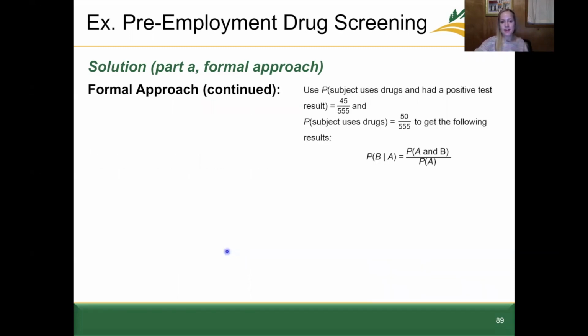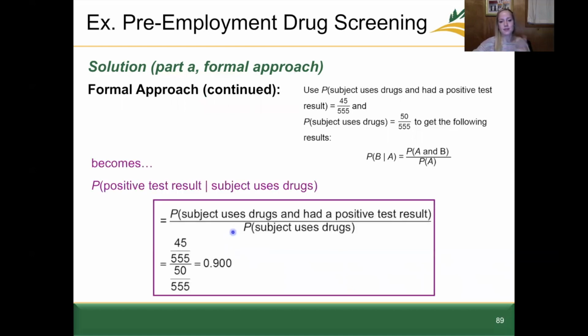We don't have our final answer yet for the formal approach, so then putting this all together, we have the probability of A and B divided by the probability of just A is going to be 45 over 555 divided by 50 over 555. When we put that together, you'll see we still get our same answer as the intuitive approach, so 0.900.